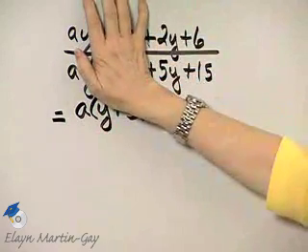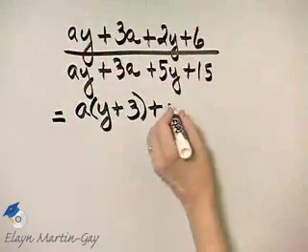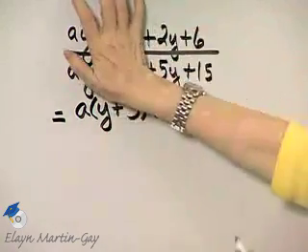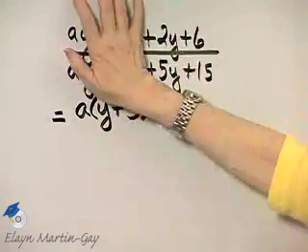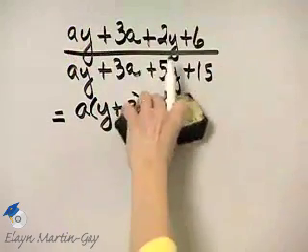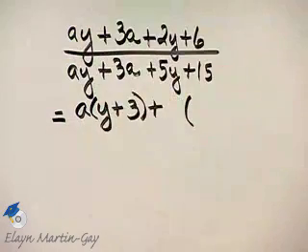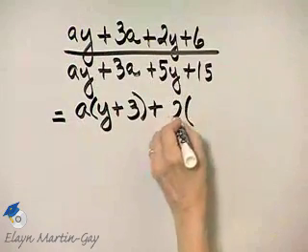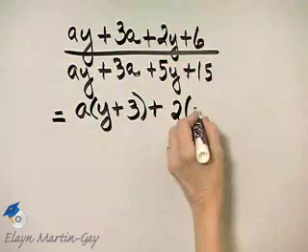There's a common factor of 2, because I have 2y plus 6. When I factor 2 from these two terms, I have left y plus 3.